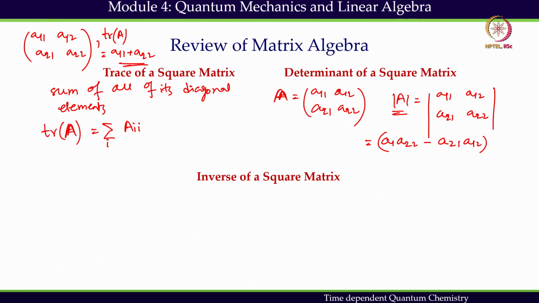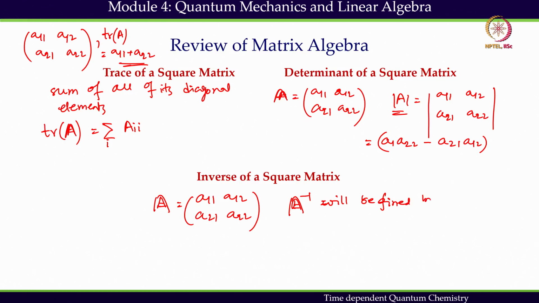Inverse of a square matrix, if matrix looks like this, A11, A12, A21, A22, then the inverse of the matrix will be defined by A inverse.